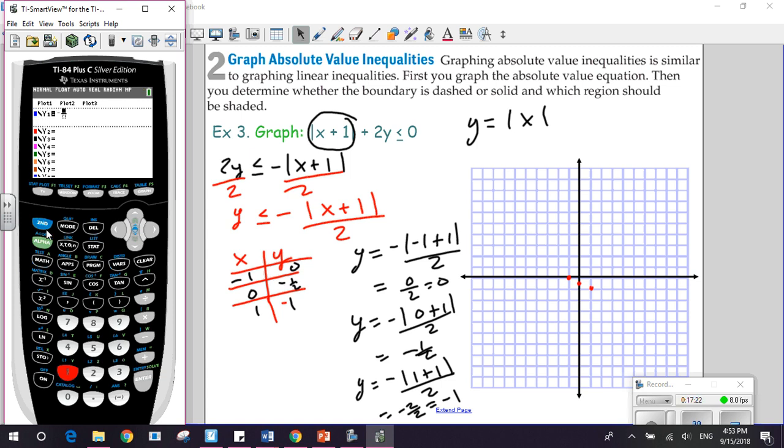So I want the absolute value, so math, num 1 of x plus 1, and then over 2, and graph.